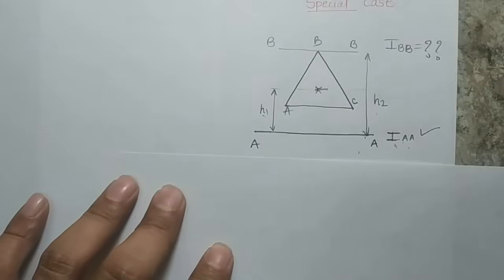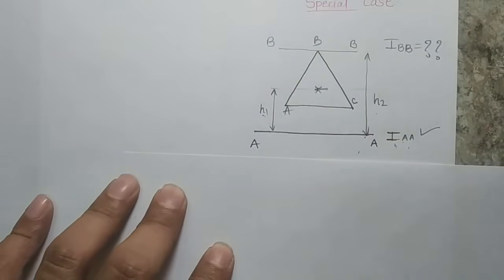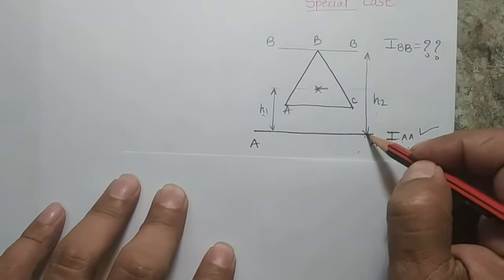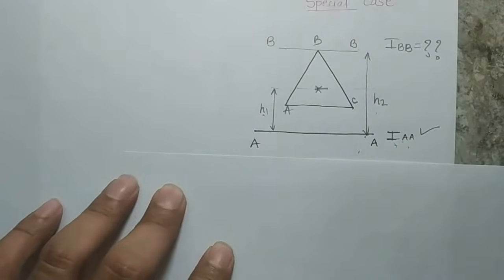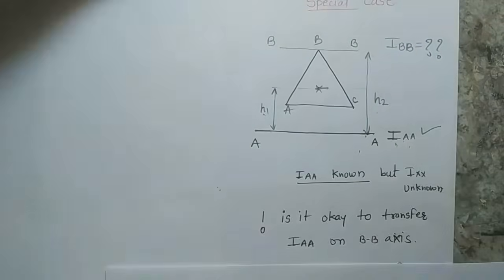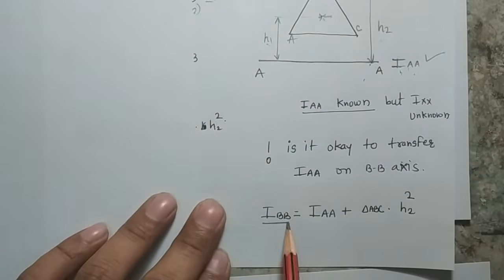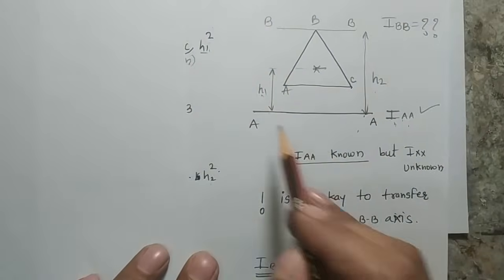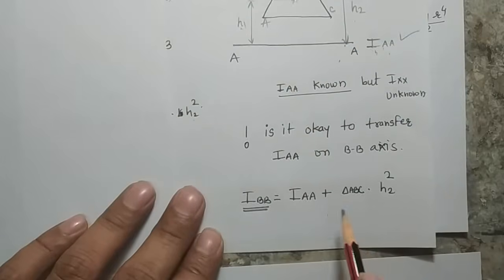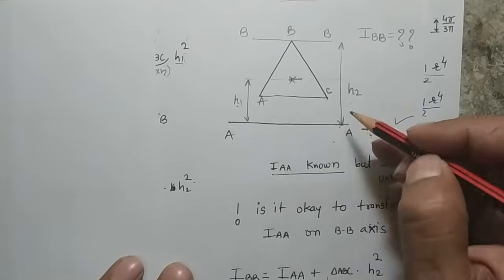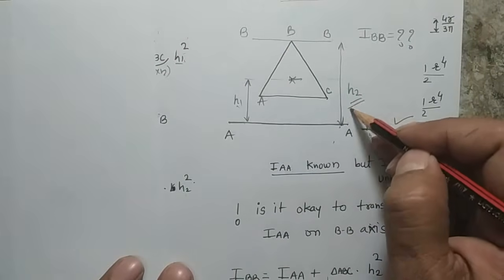So now my question is: is it possible to transfer AA directly to BB to get IBB? What does it mean? Is it okay to write that IBB will be just IAA plus area of the triangle into the square of this distance?